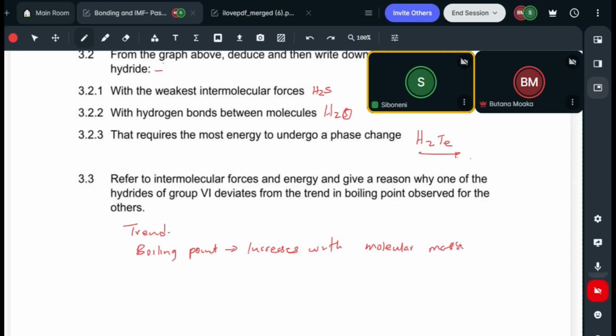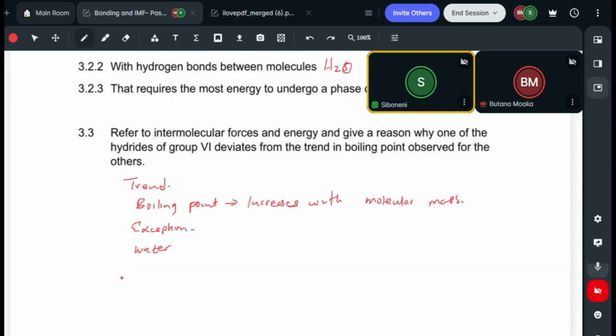Okay. Right. And then when I look at the exception, the exception here will be water. Why? Because water forms hydrogen bonds. And the hydrogen bonds, we know that they are much stronger than the normal dipole or London forces.